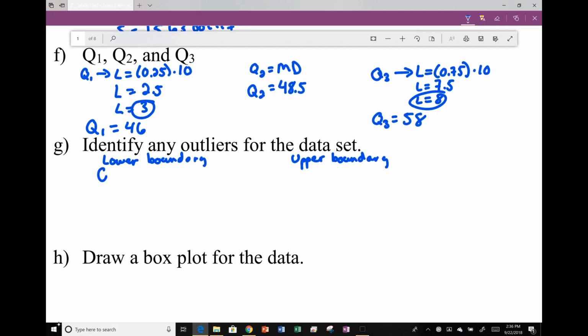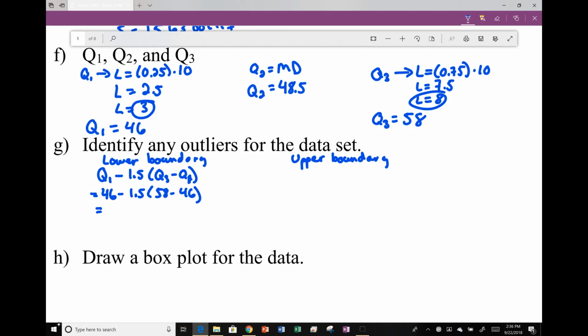So the lower boundary says Q1 minus 1.5 times our IQR, which is Q3 minus Q2. I'm sorry, Q3 minus Q1. So I'm going to take Q1, which is 46, minus 1.5 times my Q3, which is 58, minus my Q1, which is 46.